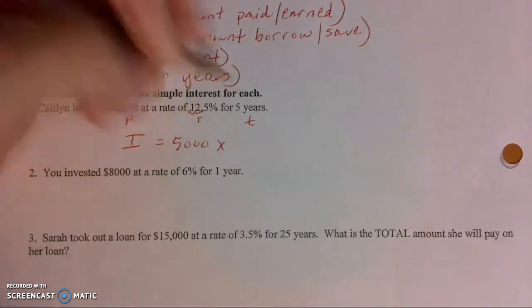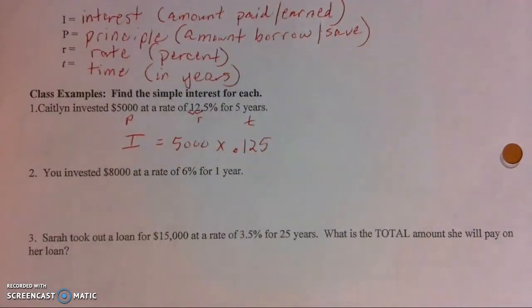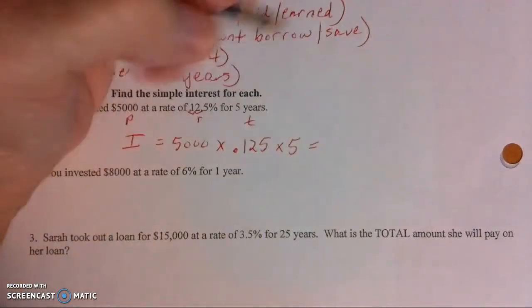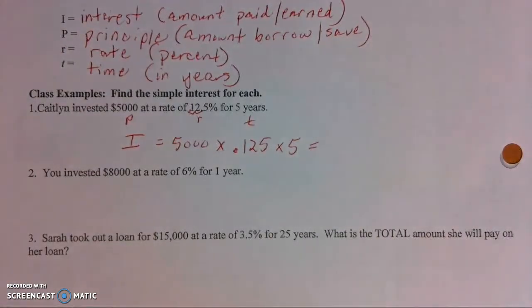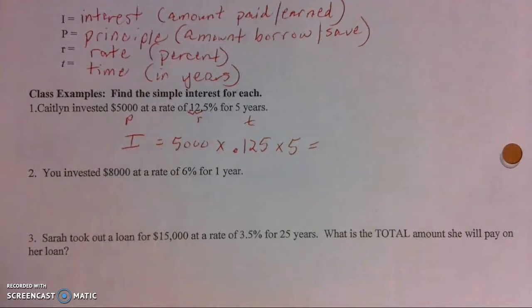So I'm going to move that decimal point 2 places, so my decimal is 0.125. And then my time is in years, so I'm going to multiply by 5. So 5,000 times 0.125 times 5.